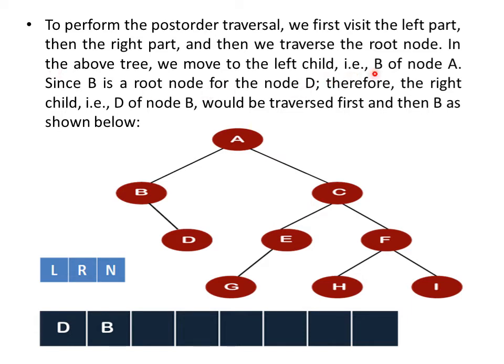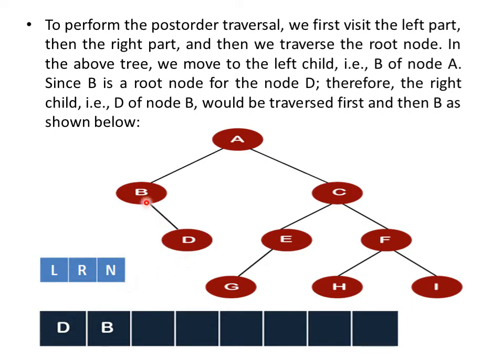We move to the left child, that is B of node A. First you can see what is there on the left, B and D. There is no left child for B. Therefore it will move to B. Here you can see once again there is D. B is a root node and there is no left node, there is only a right node, that is D. Therefore D is printed.